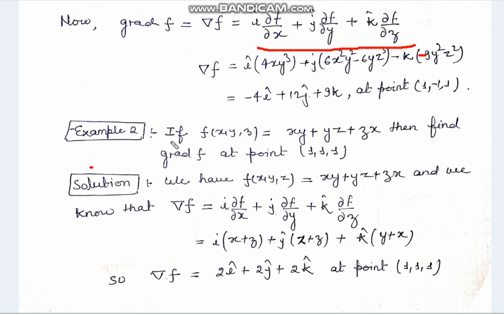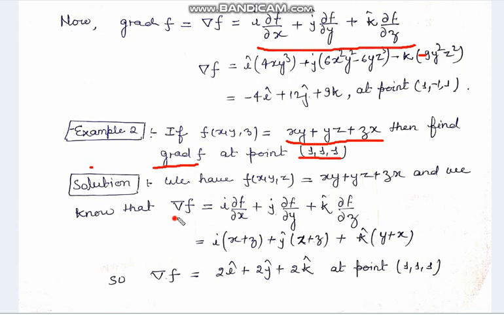Similarly, we can solve the second problem. In this problem we are given f(x,y,z) equal to xy + yz + zx, and we have to find the gradient of f at point (1, 1, 1).